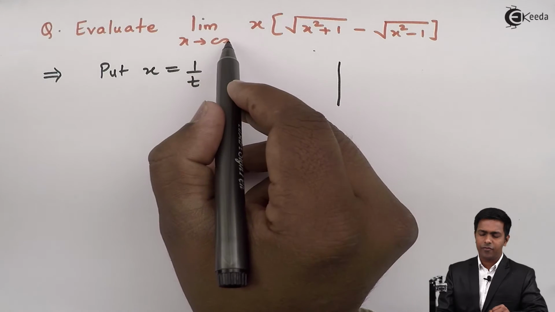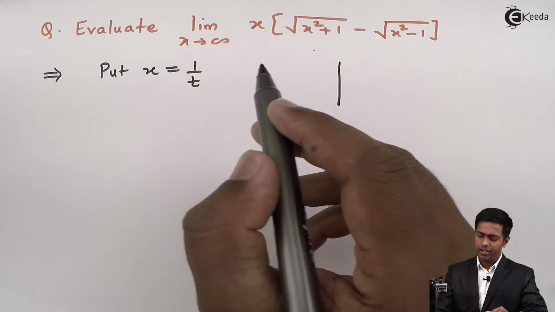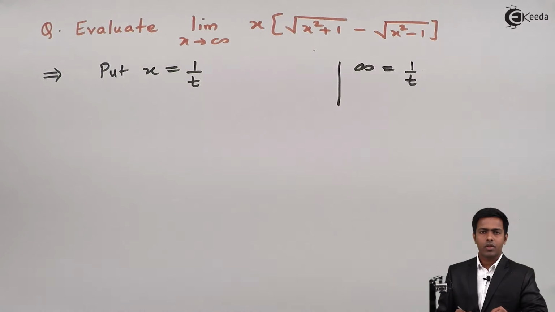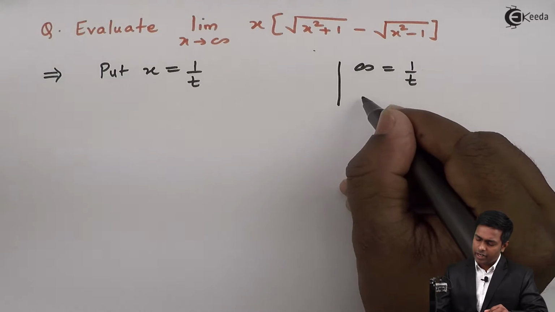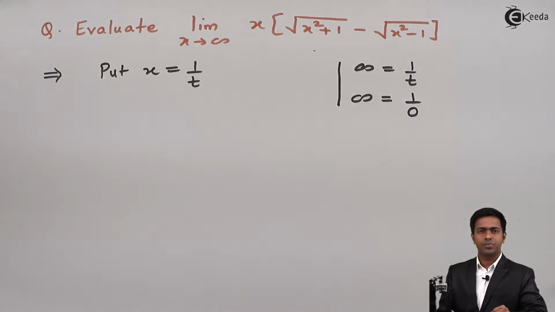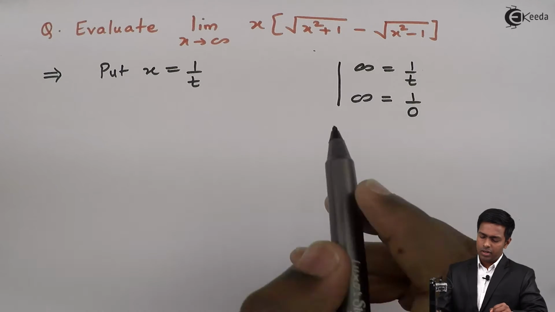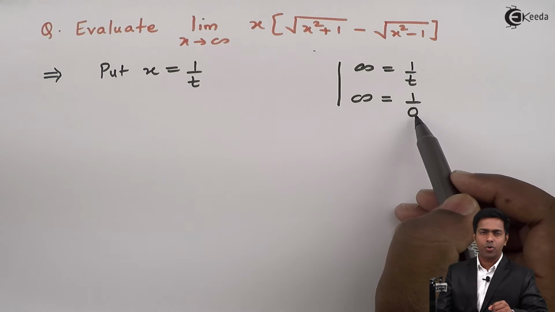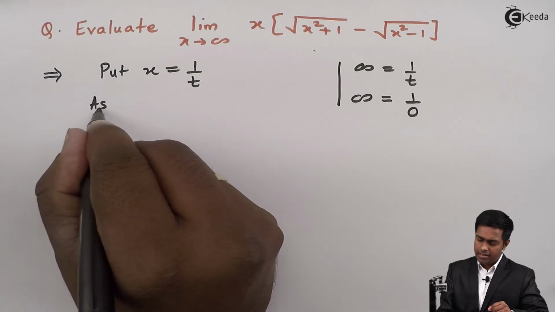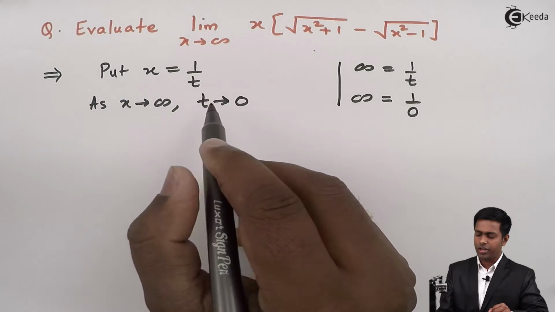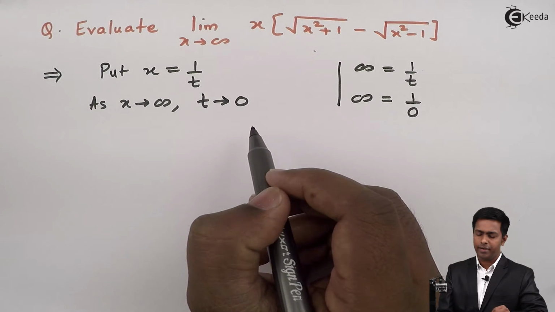When x tends to infinity, we get infinity equals 1 upon t, and we know that we get the answer as infinity if the denominator is 0. So if x tends to infinity, it means t has to be 0. So here I will say as x tends to infinity, t tends to 0. So here we got the limit for t domain.